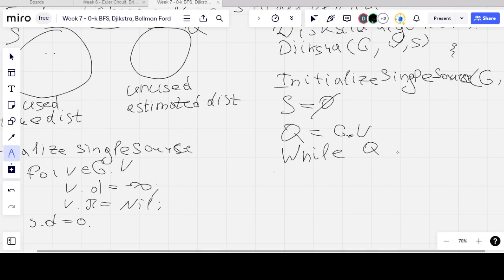While Q is not empty, we extract the minimum from our set Q.